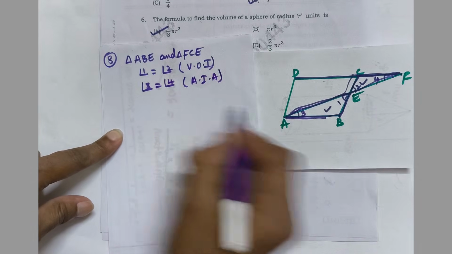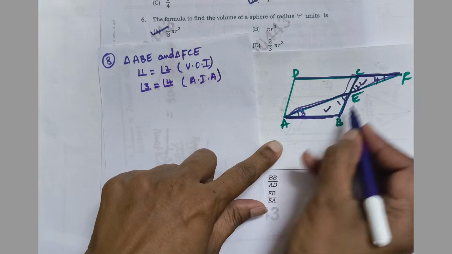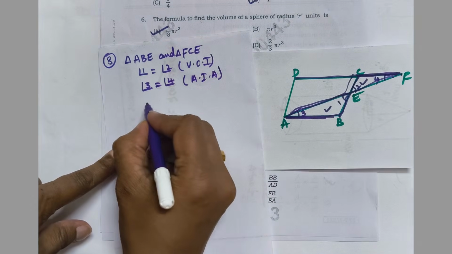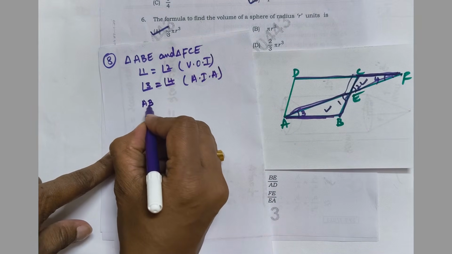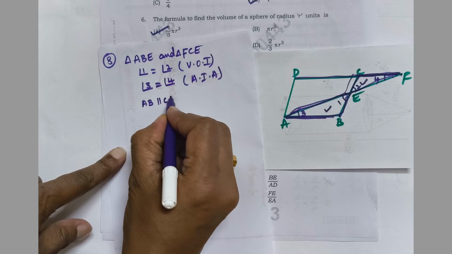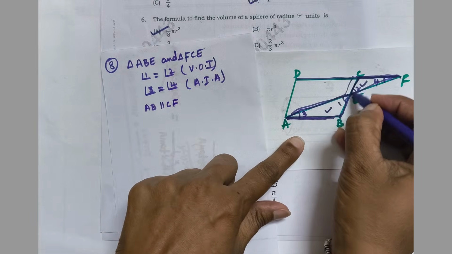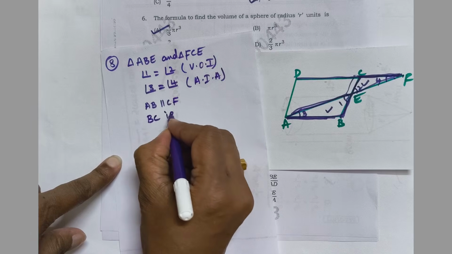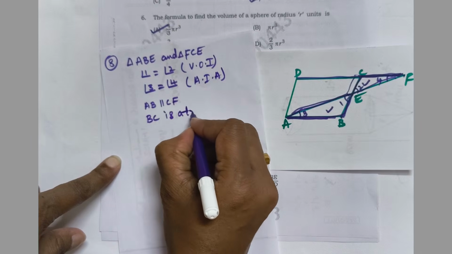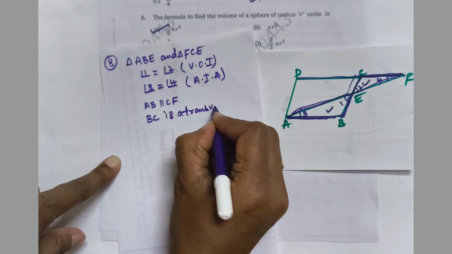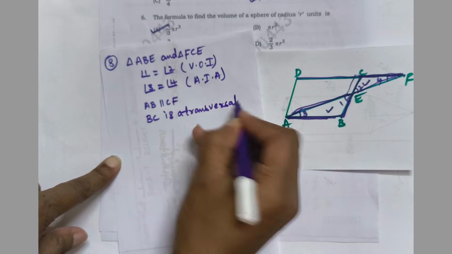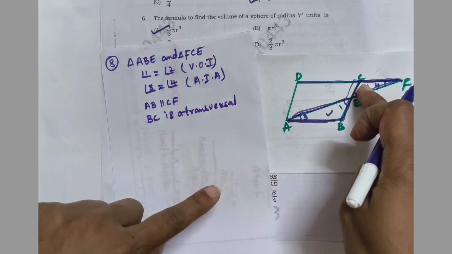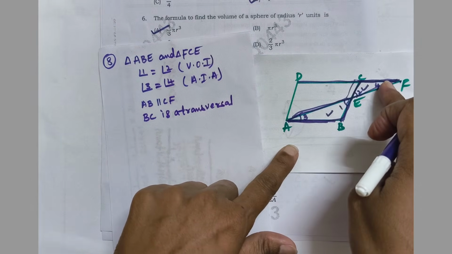So for the reason also you write AB parallel to CF. Right here, AB parallel to CF. Next, what is the transversal? BC is a transversal. So now see here, this angle equal vertically opposite angles, alternate interior angles.